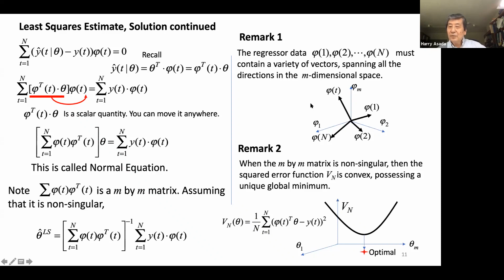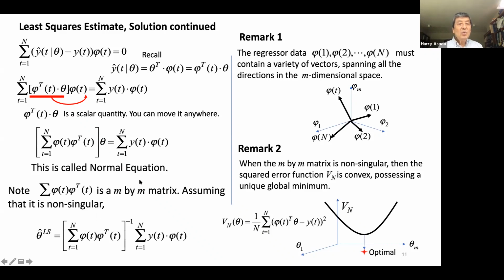If instead, for some reason, these vectors are all aligned within a hyperplane over here, and none in the direction perpendicular to that hyperplane, the set of phi 1 to phi n vectors do not span the m-dimensional space. If that's the case, this one becomes singular.